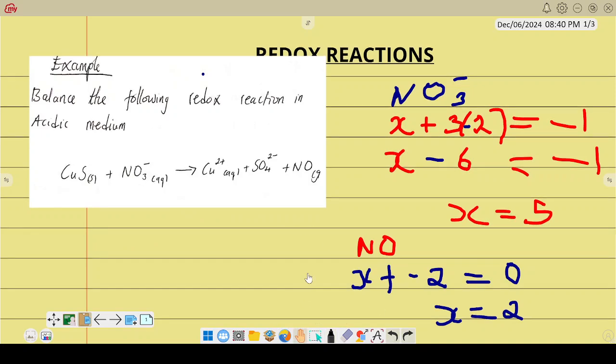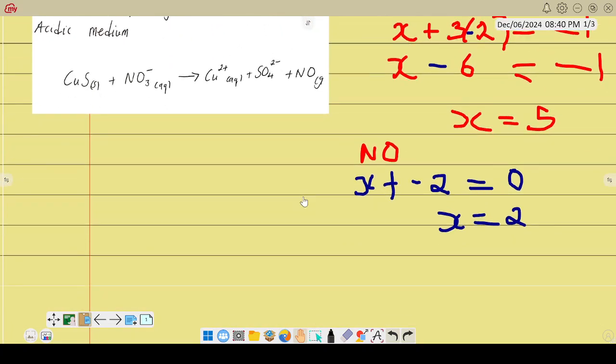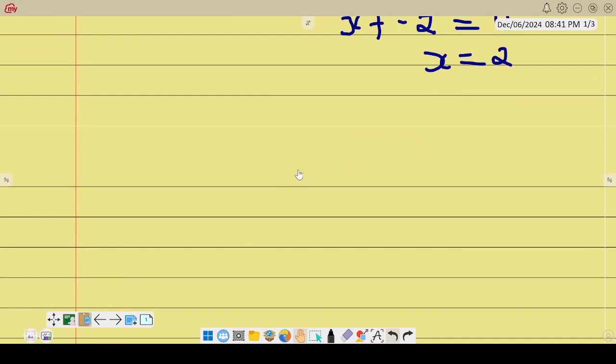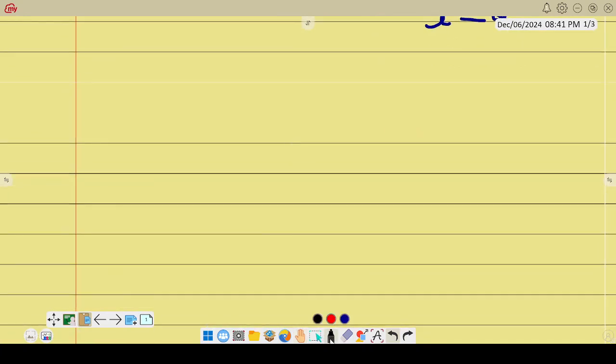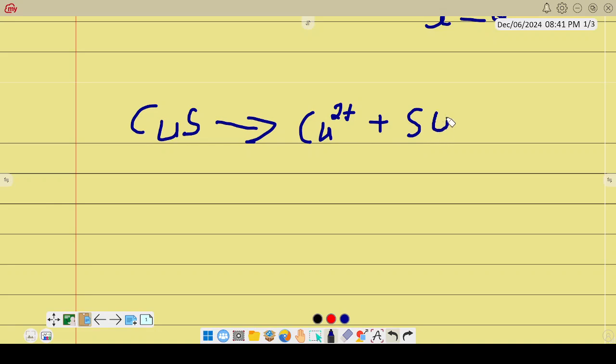From here now, we're going to write the two half reactions. We said the oxidation half reaction is the one which has copper sulfide, and it's giving us copper ion and sulfate ion. This is the oxidation half.